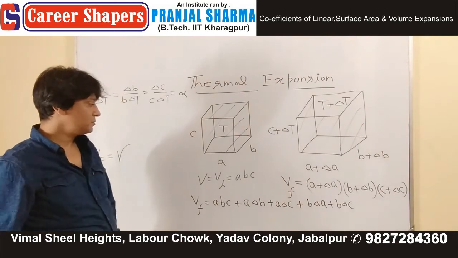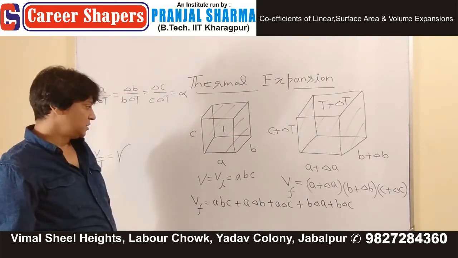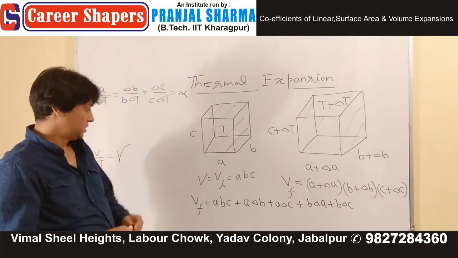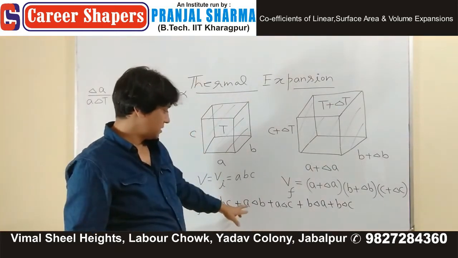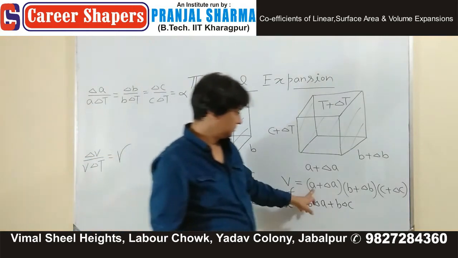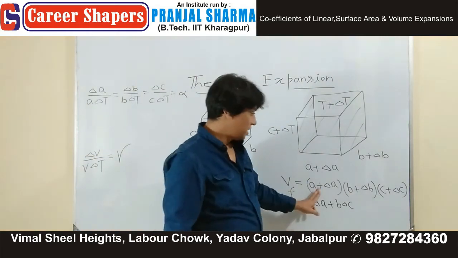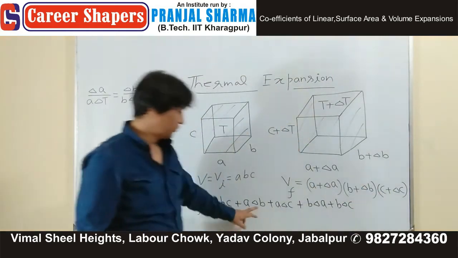So how many terms have we got? We have got A delta B, we have got A delta C, the useful terms.